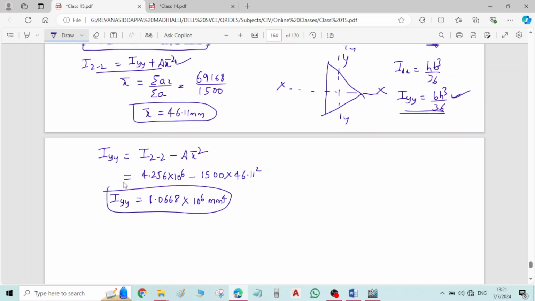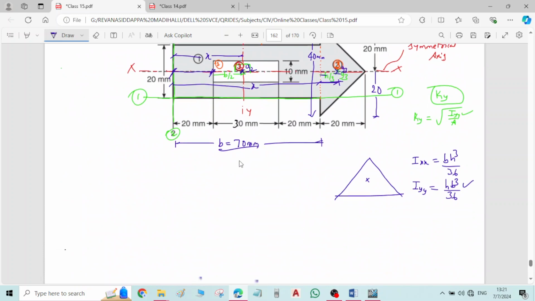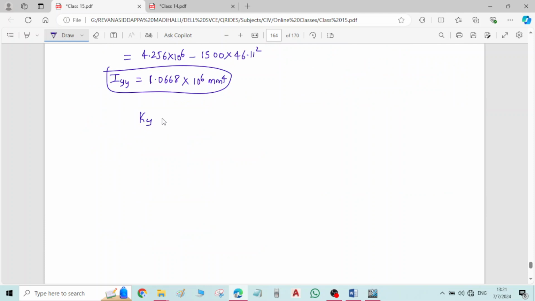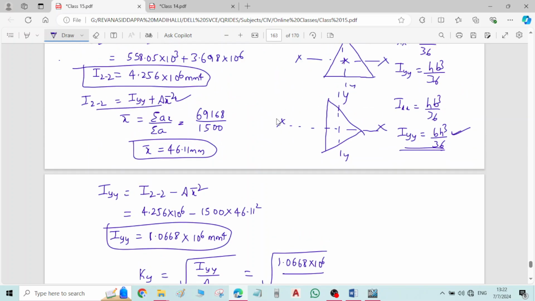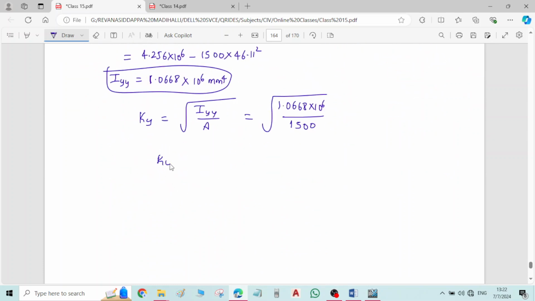Now we need radius of gyration. About the y axis we need ky. Therefore ky is equal to root of IYY divided by area. Root of IYY is 1.0668 into 10 power 6 divided by total area is 1500. I'll calculate the answer.